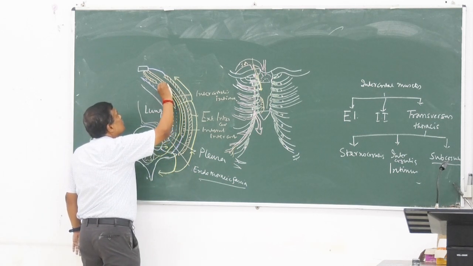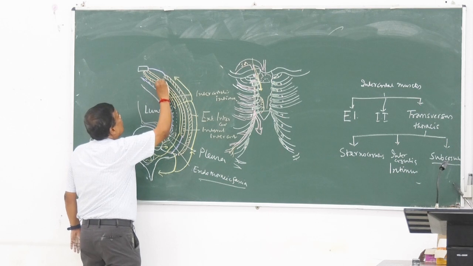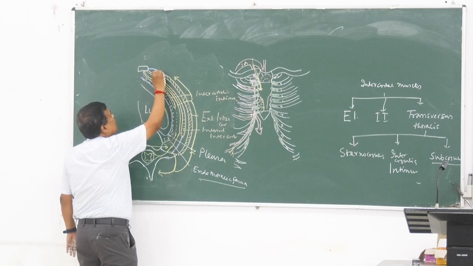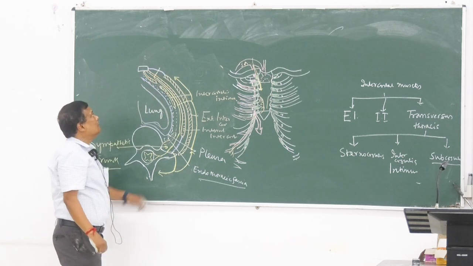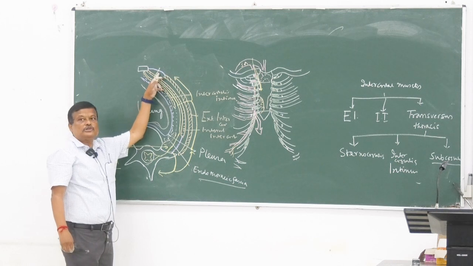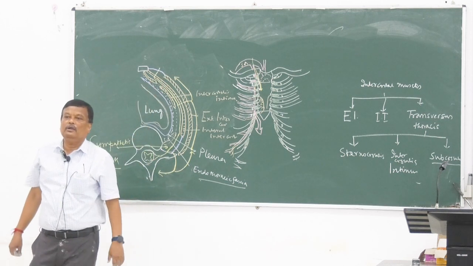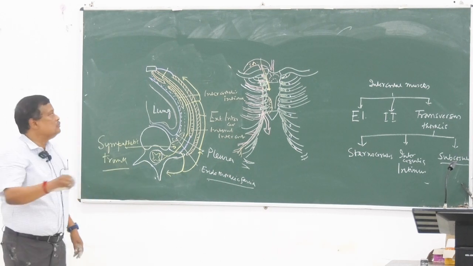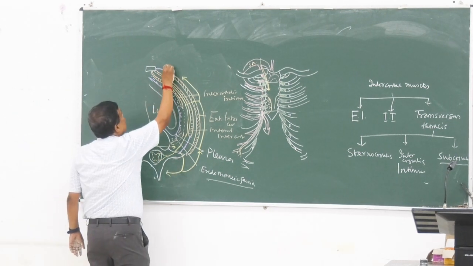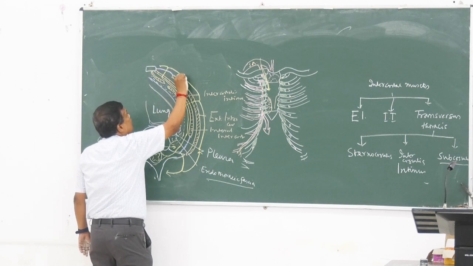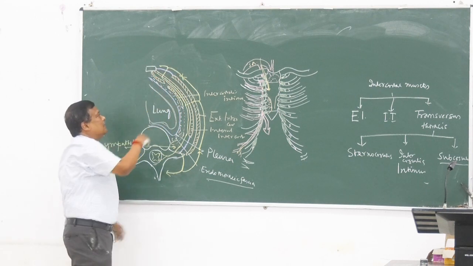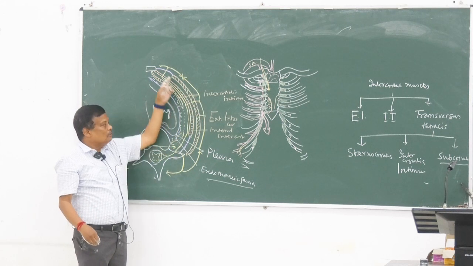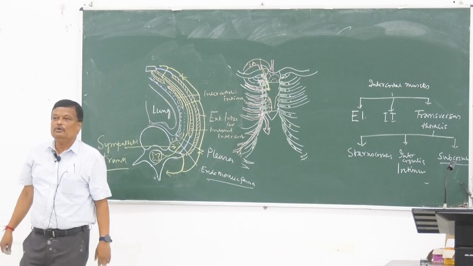Then the main nerve continues in the anterior region, in the anterior intercostal membrane, and the name changes; we will call it the anterior cutaneous nerve. The anterior cutaneous nerve again divides into a medial branch and a lateral branch. The anterior branch is joined by the medial branch of the lateral branch. See, a chain is formed.